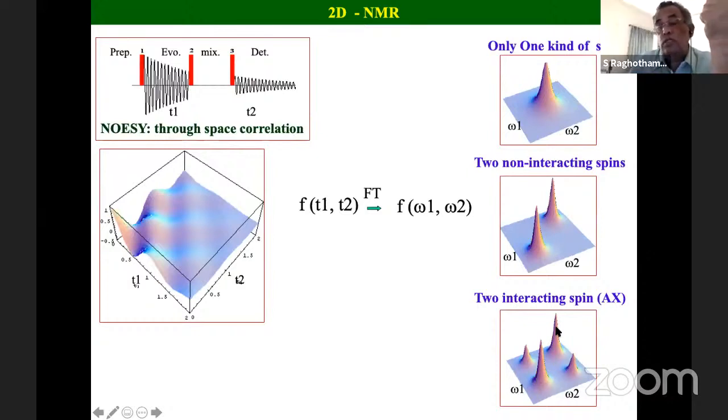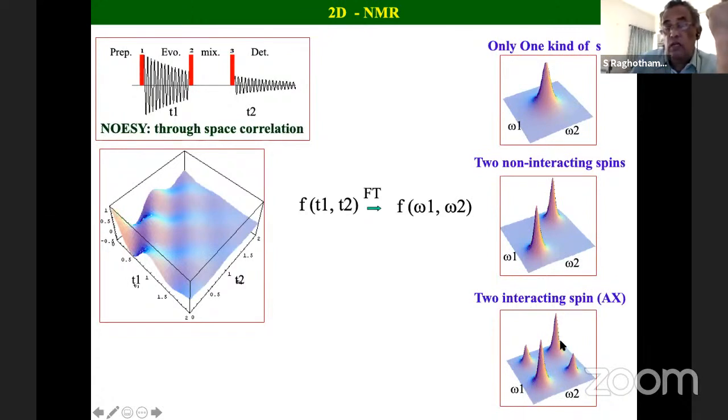But because the A is coupled to the X nucleus, you see a peak in this dimension with the frequency modulated by that X frequency. Also, when you look at the X chemical shift, it gets modulated by the A frequency. So you see what are known as cross peaks.